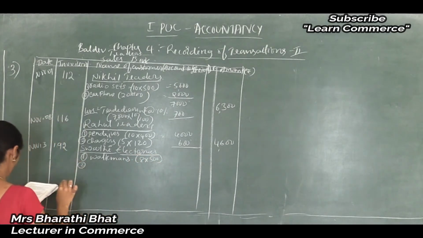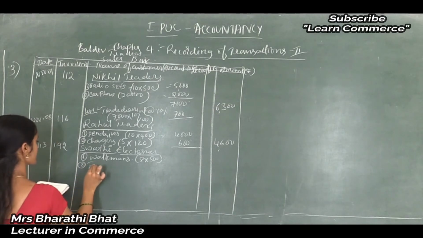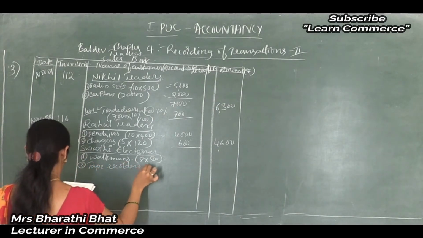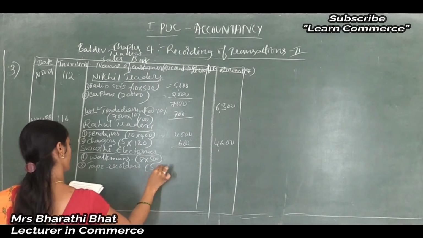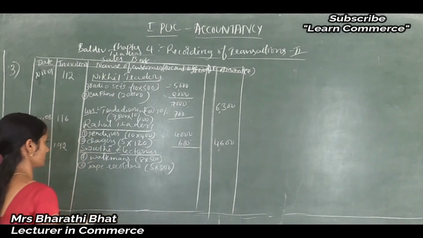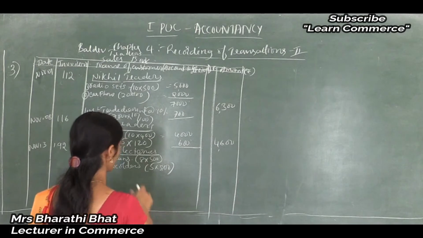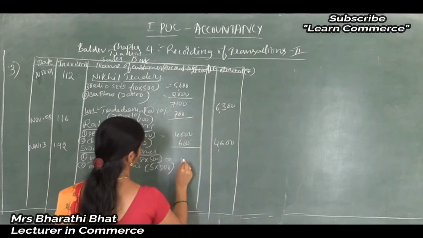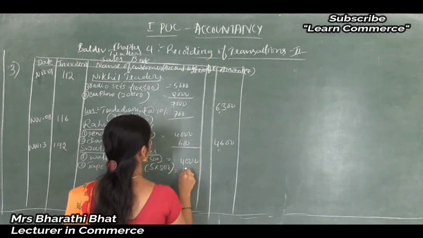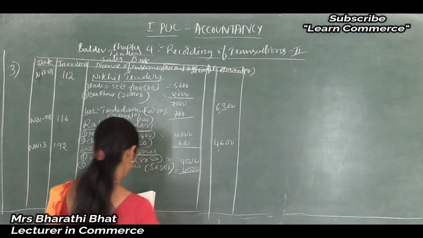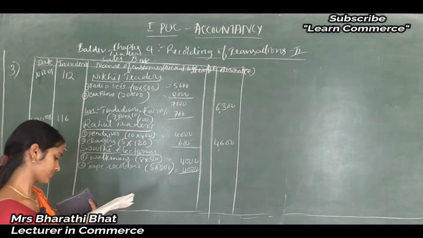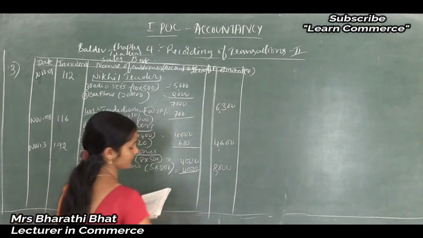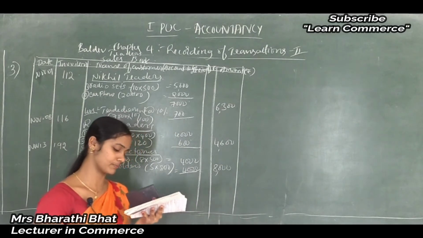And the second one is tape recorders, 5 into 800. So first one 4,000 and 4,000 again. Is there any discount? No discounts. So just write 8,000 in the amount column. No discount. See the questions before that.